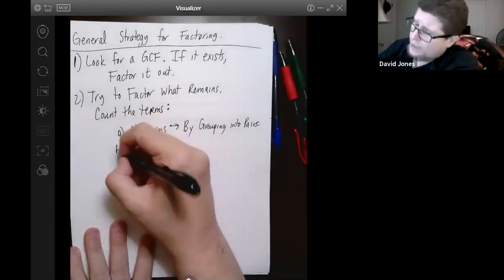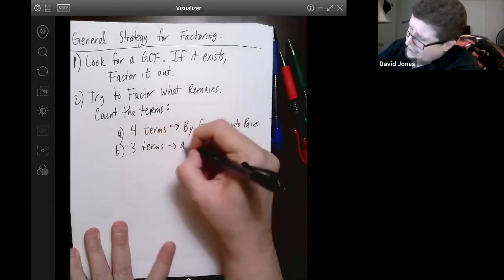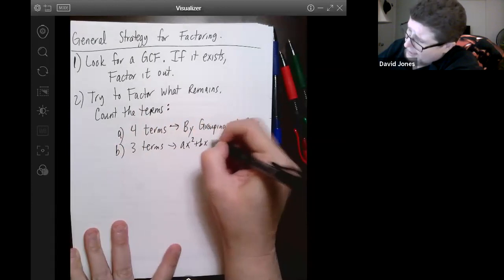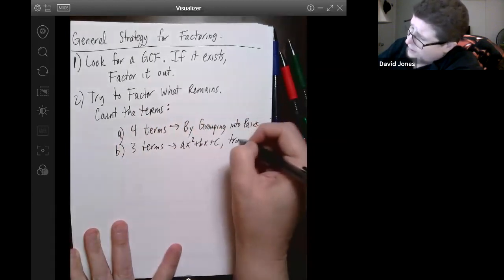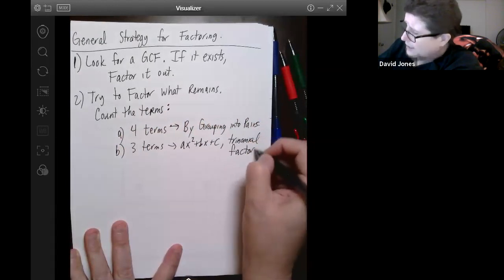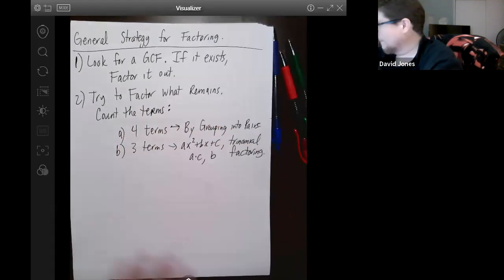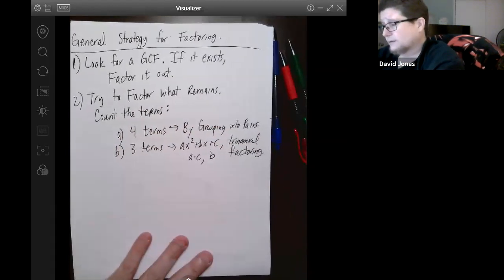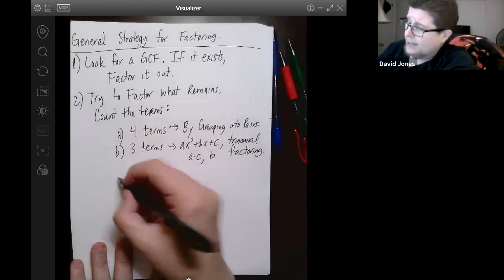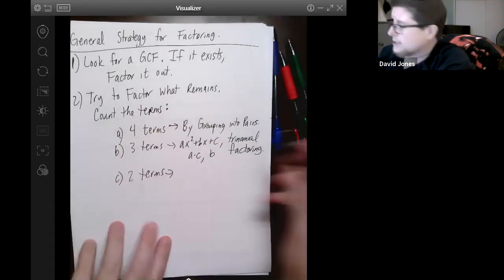If we have 3 terms, this is the ax squared plus bx plus c, or trinomial. So we're going to do trinomial factoring. That's where we do a times c and b, and go from there. If we have 2 terms, here's your options.